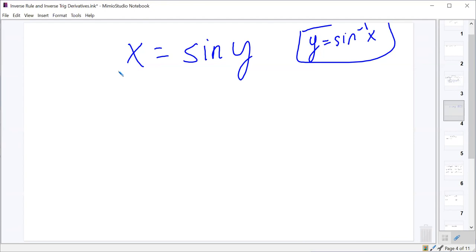On the left side, what should we get? 1. And on the right-hand side, what should we get? We should get cosine y times dy dx. Good. And then we end up with 1 over cosine y equals dy dx.